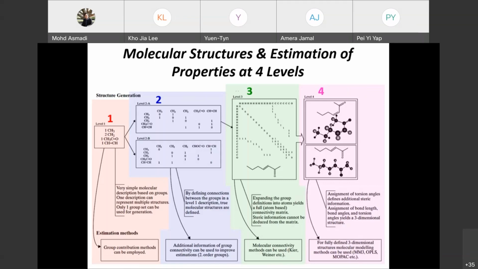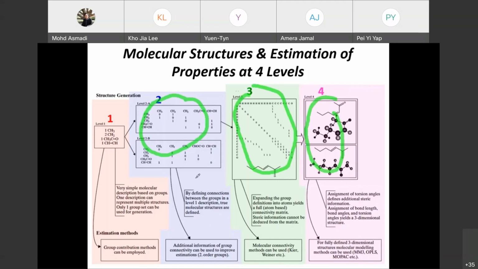Level 2 is in terms of the group vector. This one is the fragment matrix, this one is the atoms matrix, and this one is 3D.